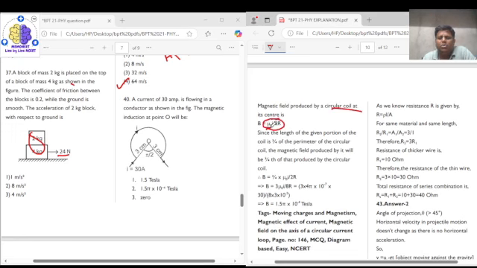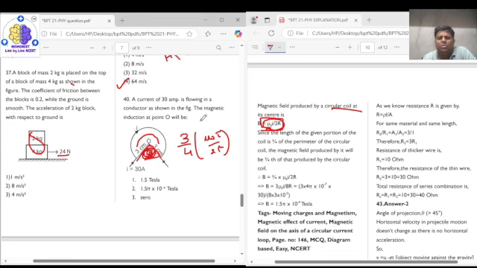Mu I upon 2r. Here we can say that this is given as pi by 2, it means this is 90 degree, and because this is 90 degree, one quarter is removed. One quarter removed, we have 3 quarters left. So if the complete ring has its magnetic induction as mu naught I upon 2r, then the 3 by 4 ring will have 3 by 4 times mu naught I upon 2r, right?